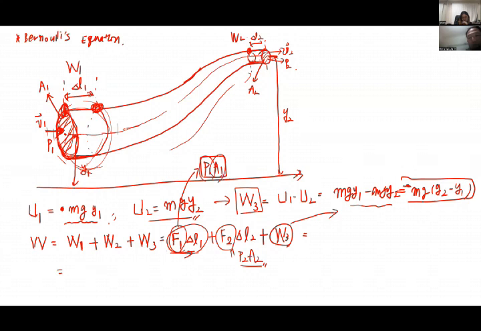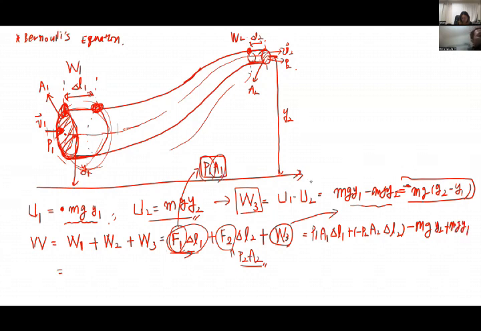So that should be P1 A1 delta L1 plus minus P2 A2 delta L2, plus, now you have actually minus, you have a potential energy from W3, so that should be mg y2 plus mg y1.